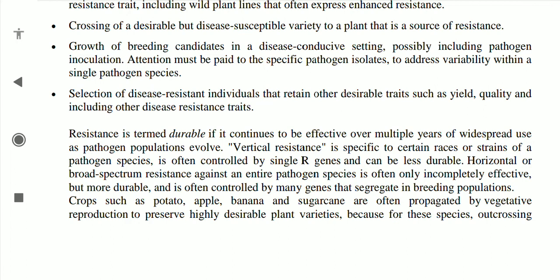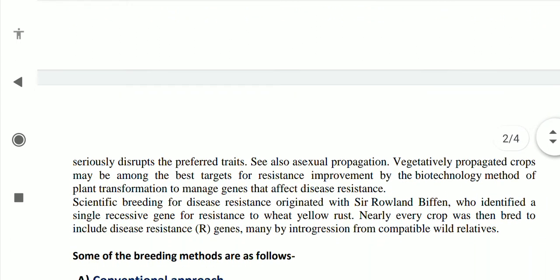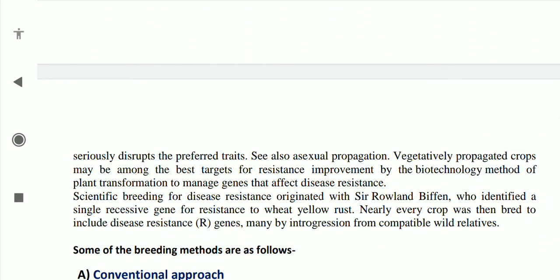Crops such as potato, apple, banana, sugarcane are often propagated by the vegetative reproduction to preserve highly desirable plant varieties, because for these species, outcrossing seriously disrupts the preferred traits. So, asexual propagation is used here.